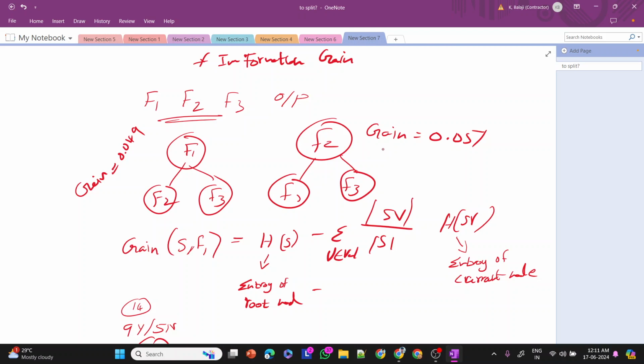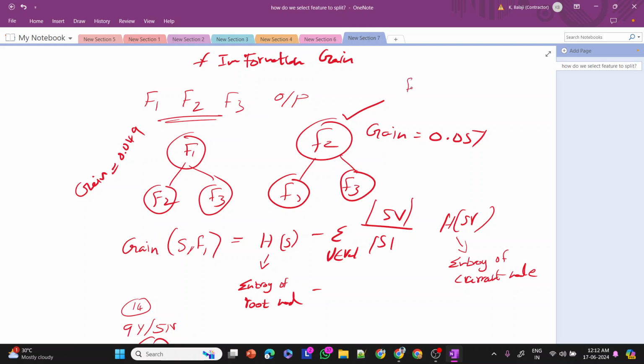Comparing these two values, F2 has the higher information gain, so F2 is the best feature to use as the root node compared to F1.